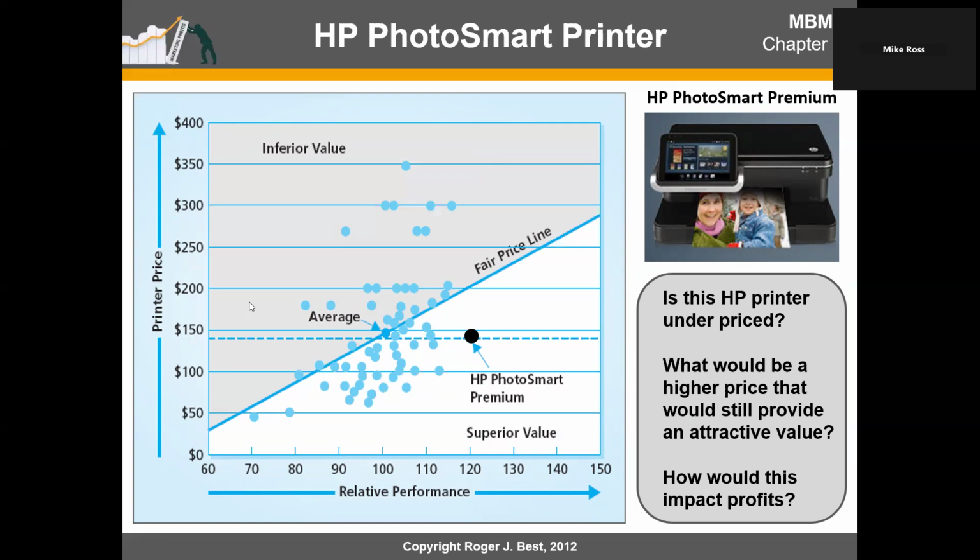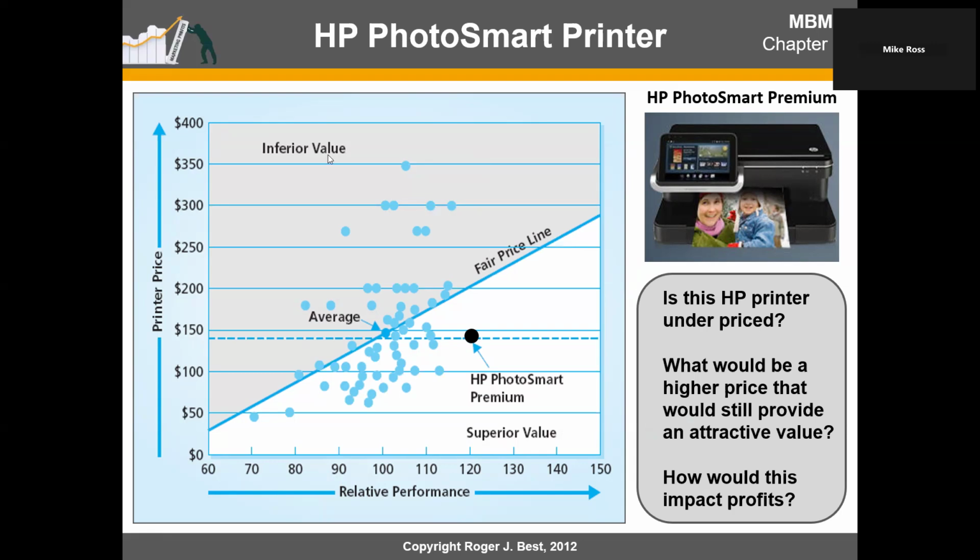But this value map is really a beautiful way to look at these differences across brands or across products. Here we're back to printers. I know people don't necessarily print photographs anymore, but you may.